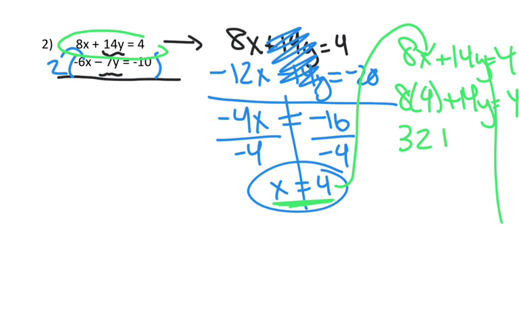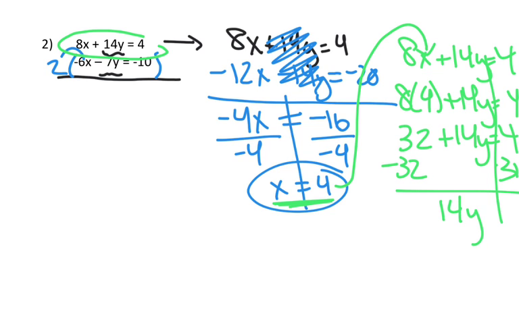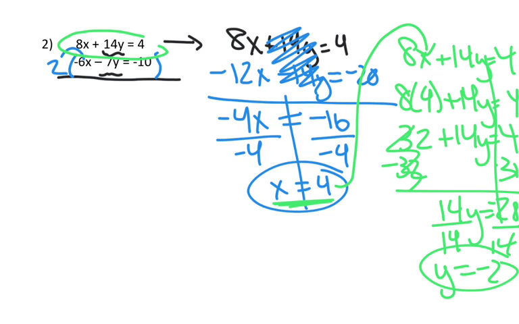So 32 plus 14y equals 4. Subtract 32. So 14y equals, 4 minus 32 is negative 28. Divide by 14, and y equals negative 2.